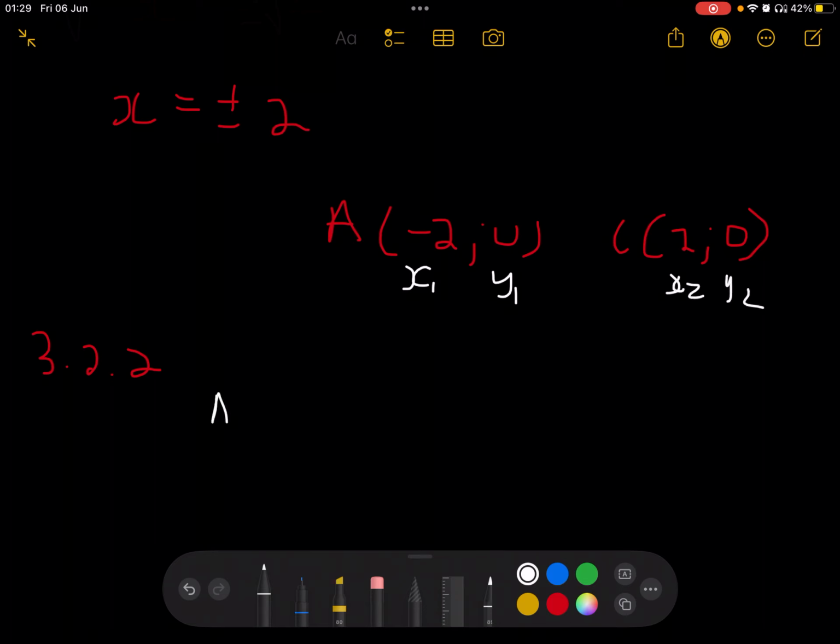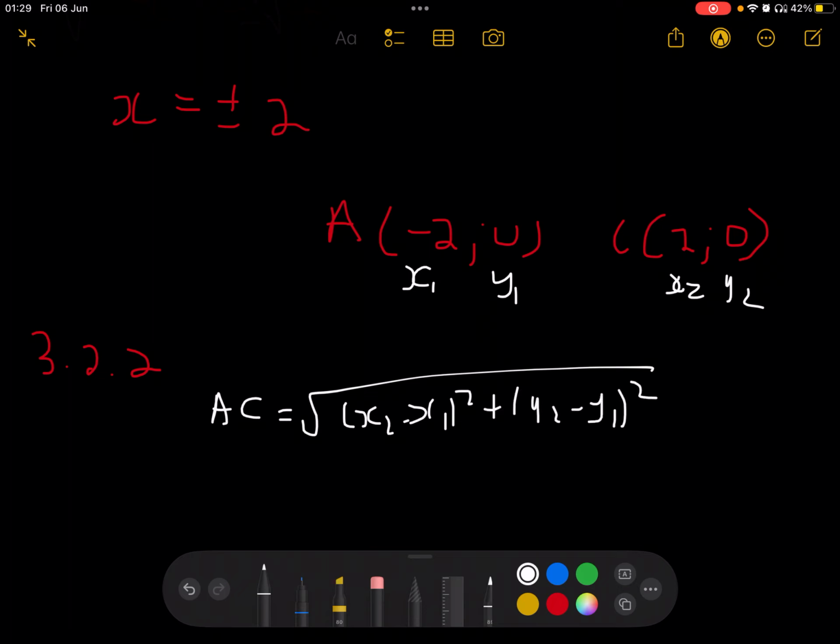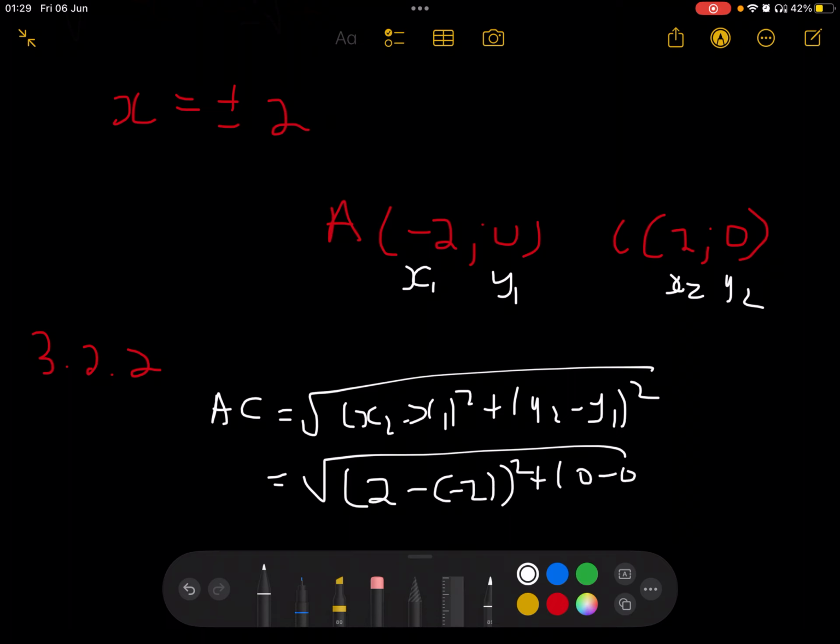Then the length AC is given by the square root of x2 minus x1 squared plus y2 minus y1 squared. And we substitute our values here: 2 minus negative 2 squared plus 0 minus 0 squared. And then this will give us a value of 4.